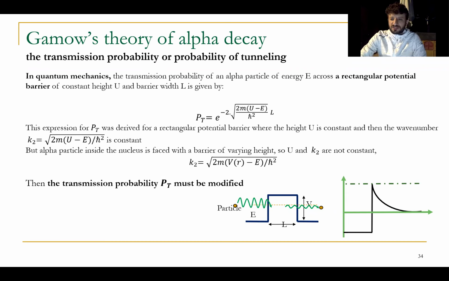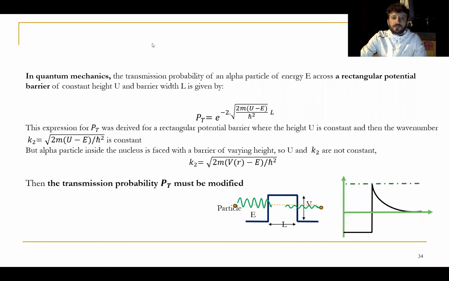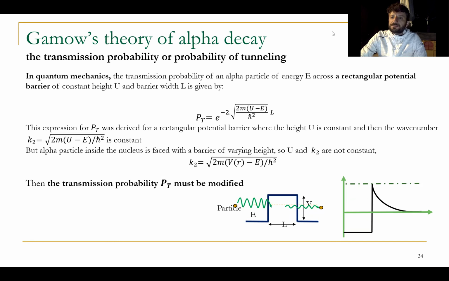Here I repeat the same page. Look, here we calculated Pt equals exponential minus 2 k2 L, where k2 is equal to radical of 2m (U minus E) divided by h square. Now we have to go to the real case where we have an exponentially decreasing potential barrier.